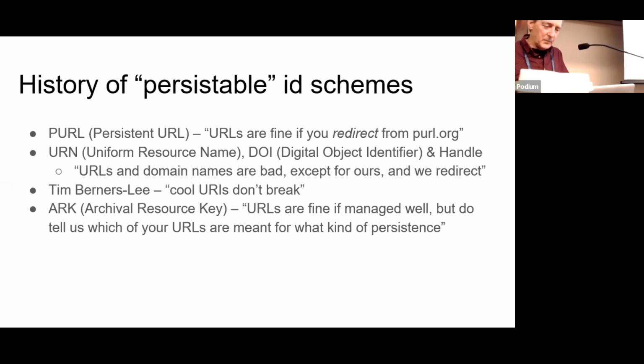And so they re-embraced the URL, but basically said that our domains are trustworthy. And the inventor of the web, Tim Berners-Lee, said, well, cool, URIs don't break. And what he meant is he wasn't that interested in persistent identifier schemes. He said, just manage them well. And what the ARK scheme says is, let's be real here. 99% of the URLs in the world aren't meant to persist. The people who provide them don't have the ability or capacity to maintain them.